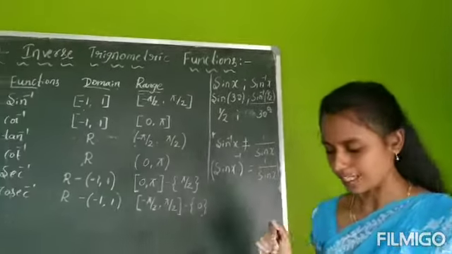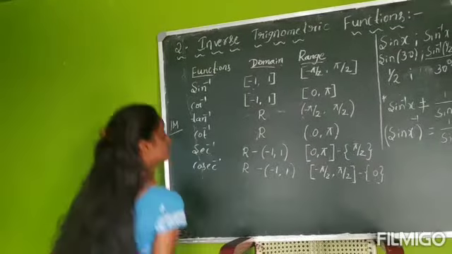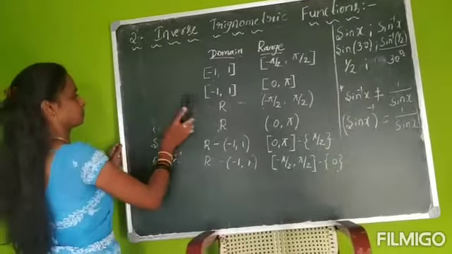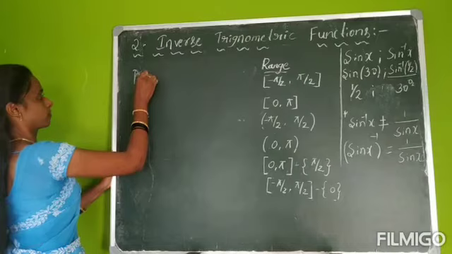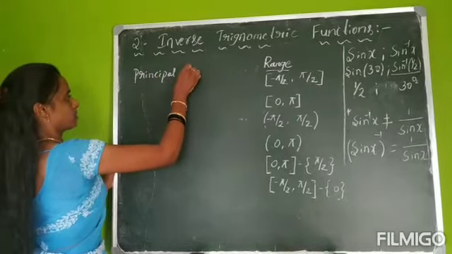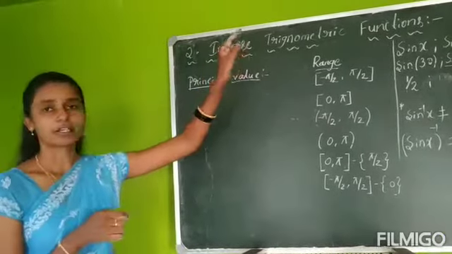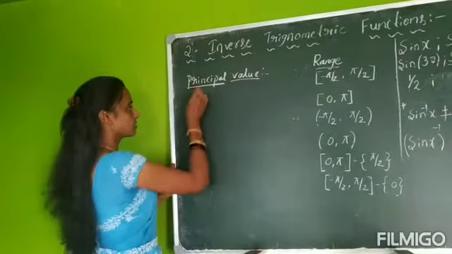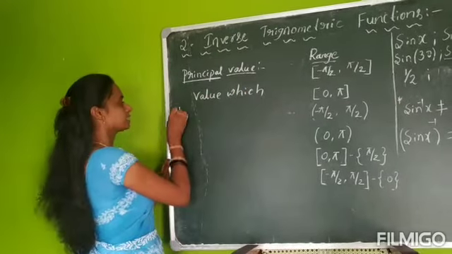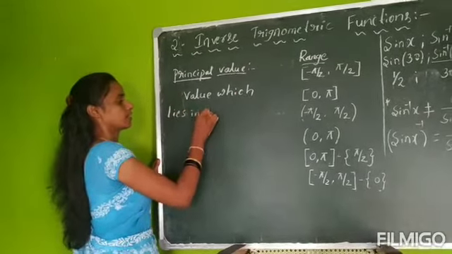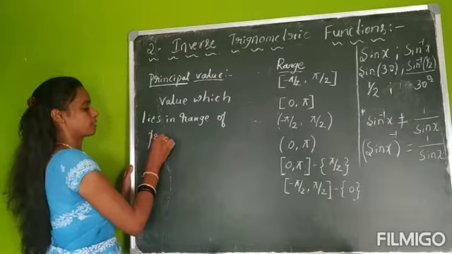Okay. So now based on these ranges, we are going to solve the principal values for an inverse trigonometric function. So the principal value of an inverse trigonometric function can be defined as a value which lies in the range of the principal branch.